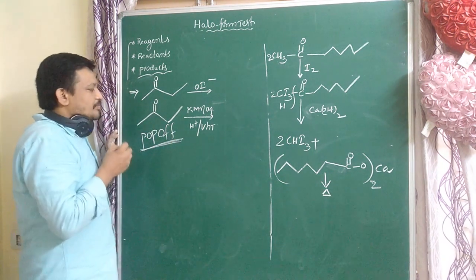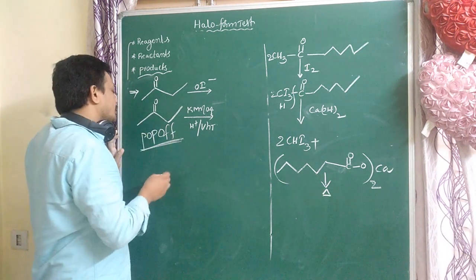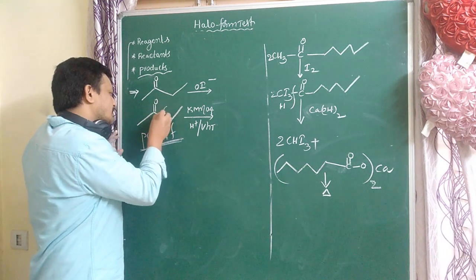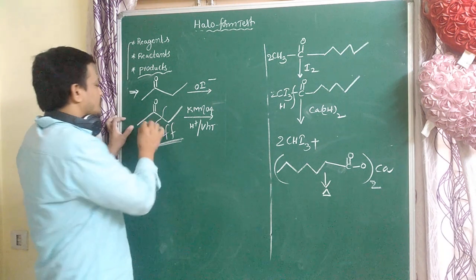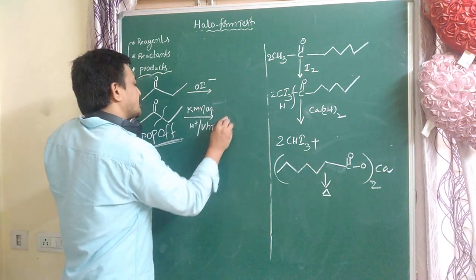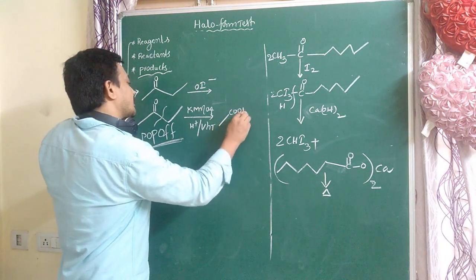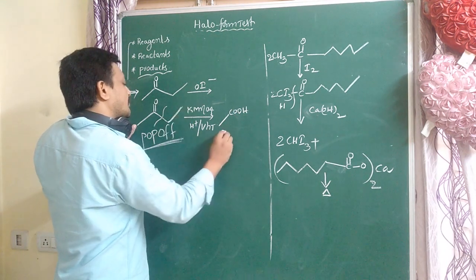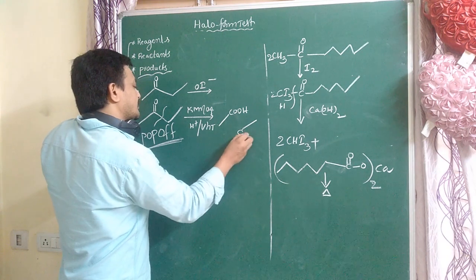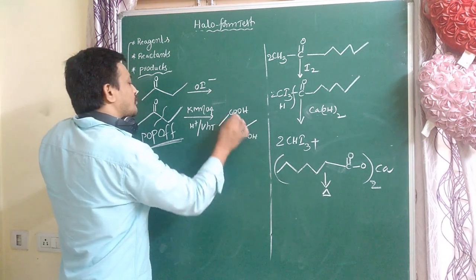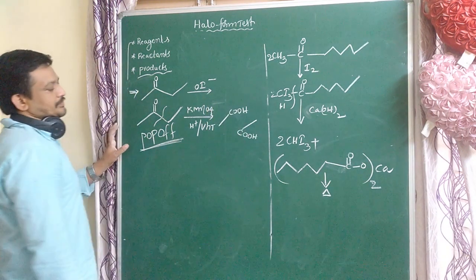So what is the Popoff's rule? According to Popoff's rule, break here, the CO group is given to the least number of carbons. So this carbon is oxidized to convert to COOH. This carbon also is oxidized to COOH. 2 moles of acetic acid are formed.